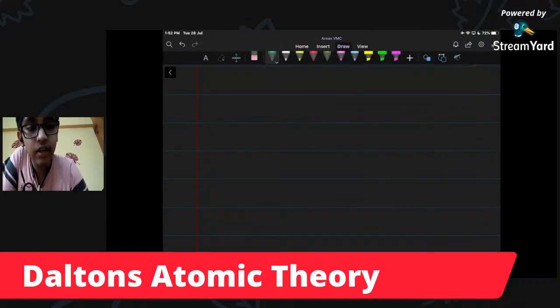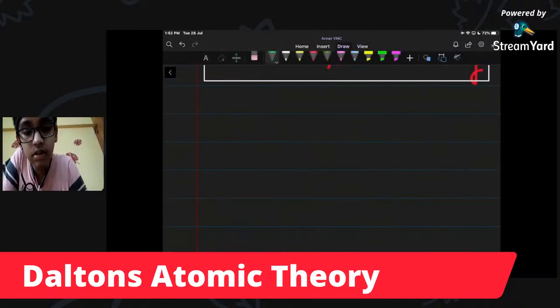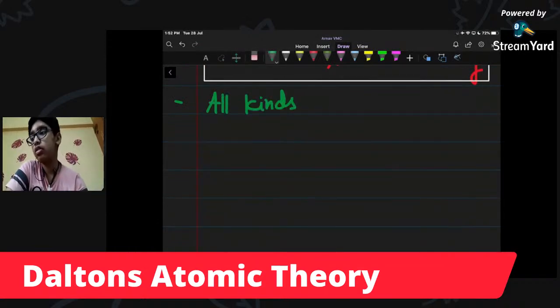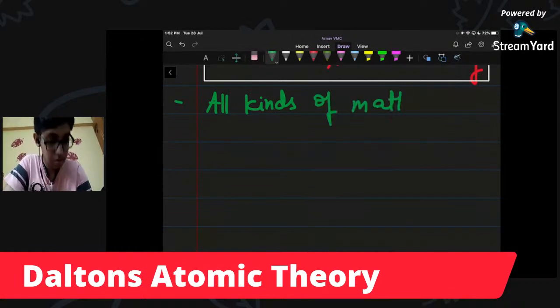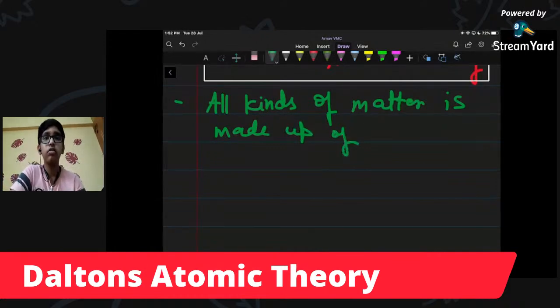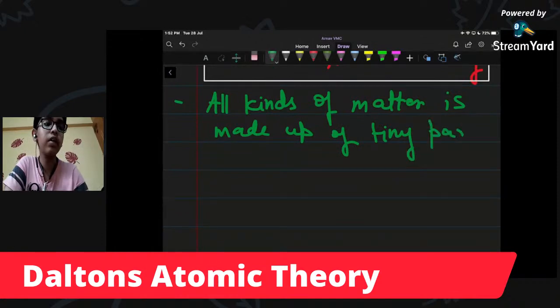It states that all kinds of matter is made up of tiny particles called.